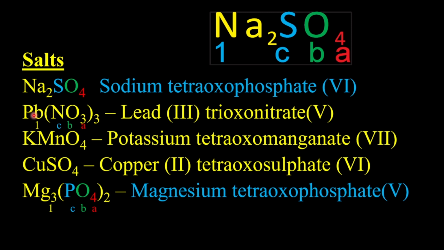Now let's take the second one here. So we have Pb into bracket NO3 subscript 3. Now because of the 3 here, that tells you that lead here has a charge of 3. Take note of that. Because of the 3 here, the subscript here, it indicates that the charge for lead is 3. 1, A, B, C. 1 here has a variable oxidation number, and from the number that is here, it tells you that it is 3.